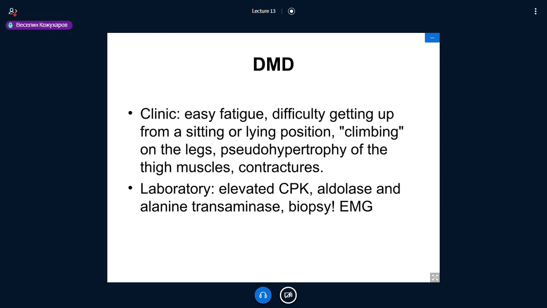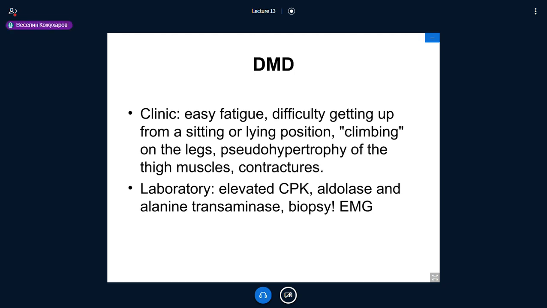Laboratory presentation consists of elevated CPK, elevated aldolase, and also elevated alanine transaminase. When there is some doubt, it's good to perform a biopsy, and on a biopsy usually a muscular dystrophy with a lot of fat tissue developed in the muscle tissue could be observed.